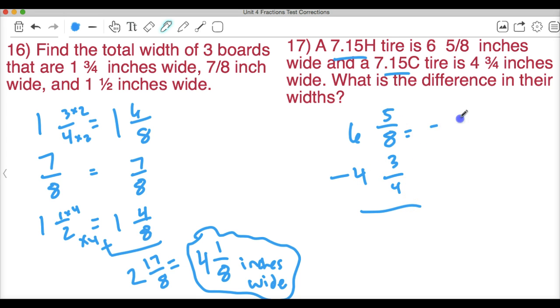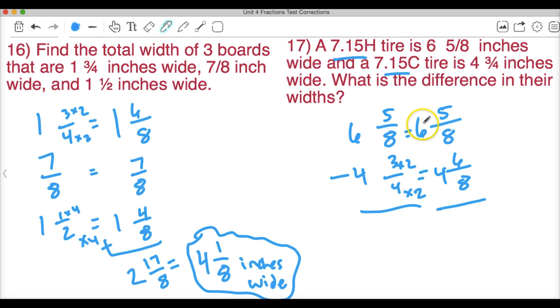So again, 8 is going to be my common denominator, so times 2. This time we're in a little bit different situation because we can't subtract 5 minus 6. So we're going to have to borrow a whole from our wholes over here.